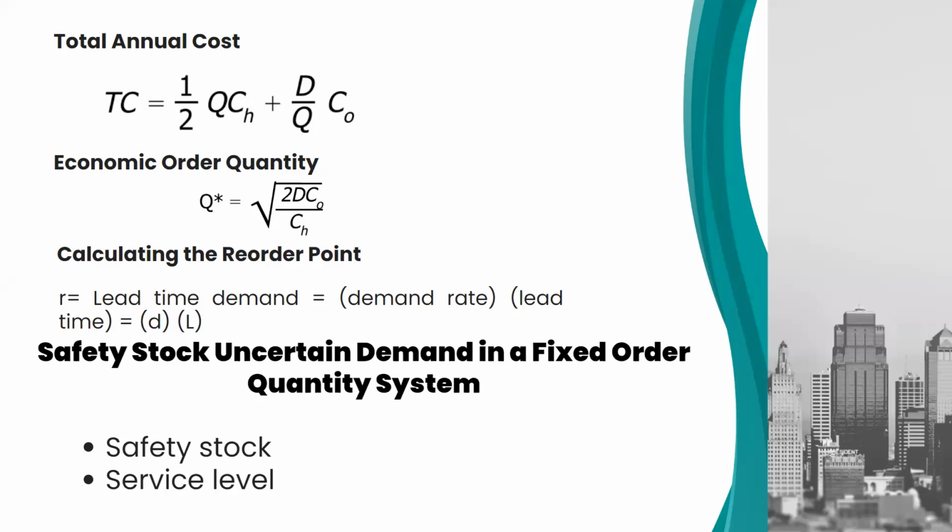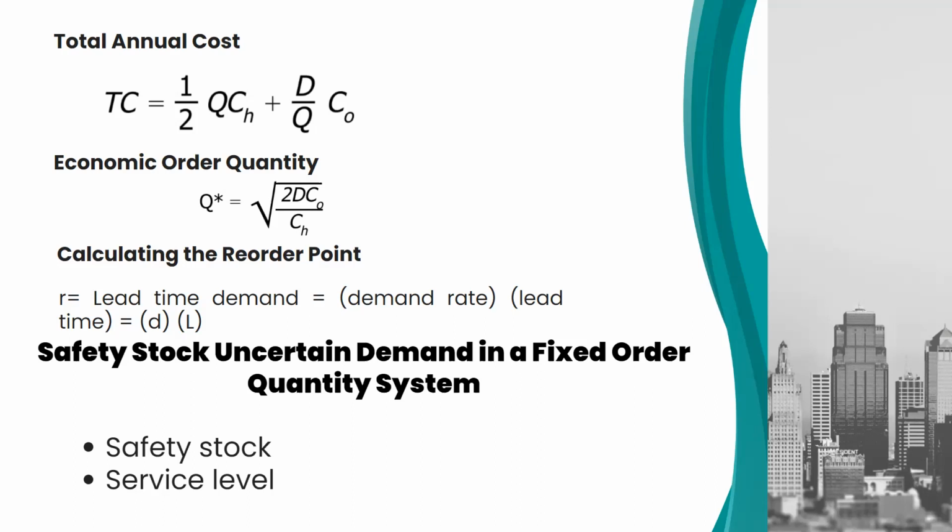The economic order quantity formula essentially calculates the optimal order quantity that balances two types of cost. First po ay ang ordering cost. This cost decreases as the order quantity increases because fewer orders need to be placed. Second is holding cost. This cost increases as the order quantity increases because holding more inventory results in higher holding cost.